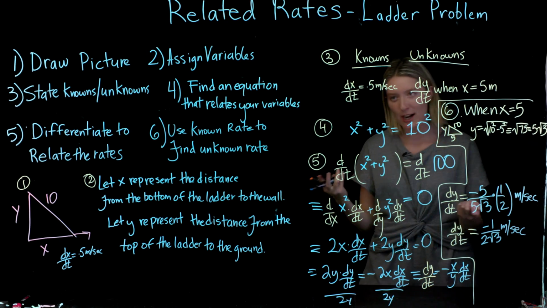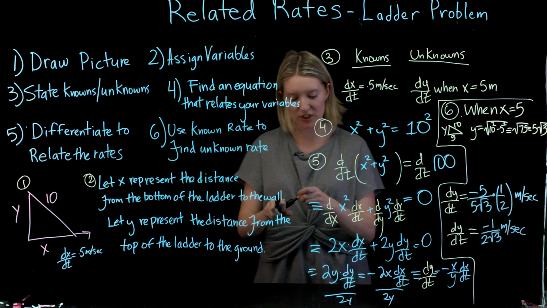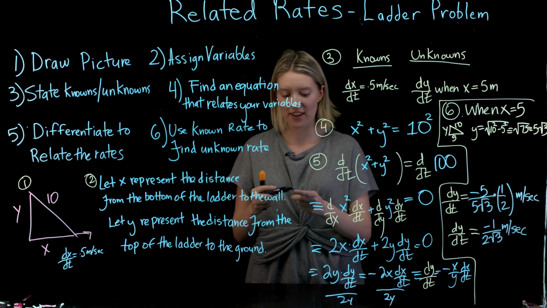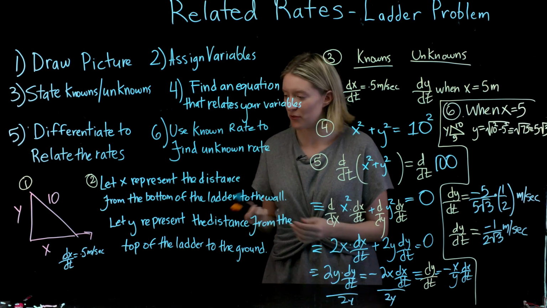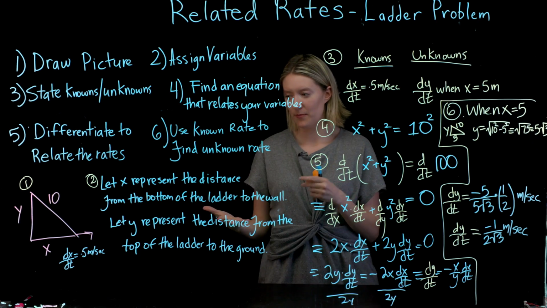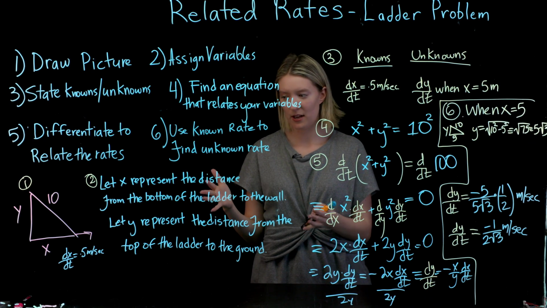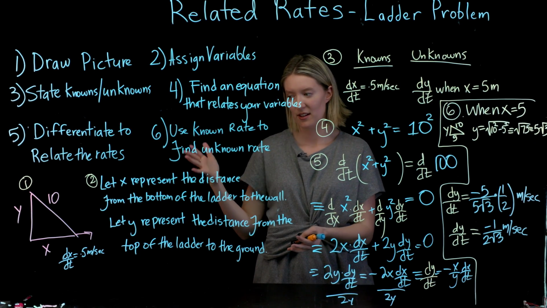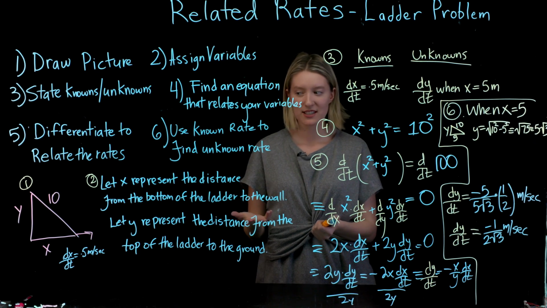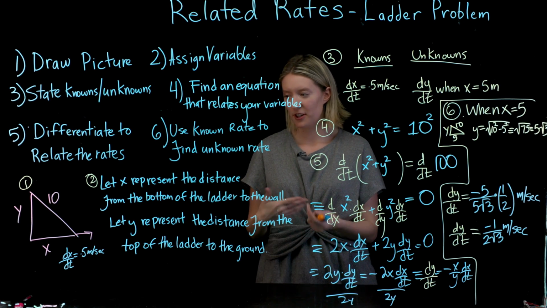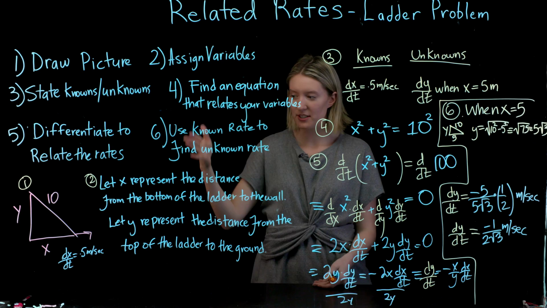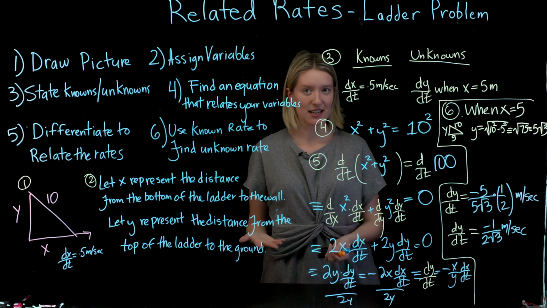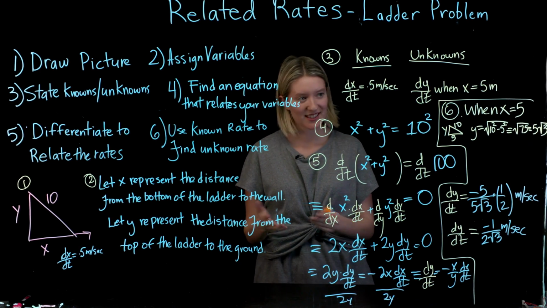So I didn't really talk about how I knew what the unit was for this question, but in general, the two sides of my triangle, the ground and the wall, are measured in terms of meters. If I want to figure out the rate at which the ladder is sliding down with respect to time, it makes sense that my unit would be meters per second.